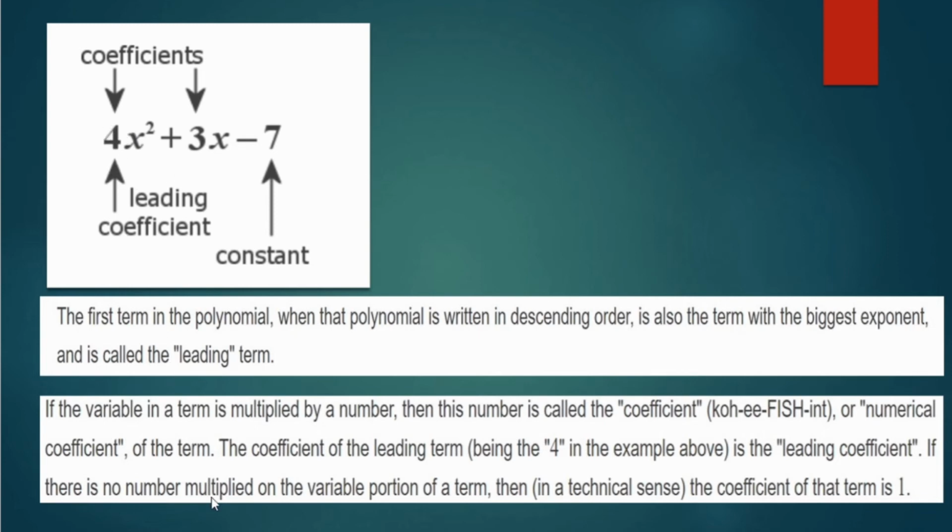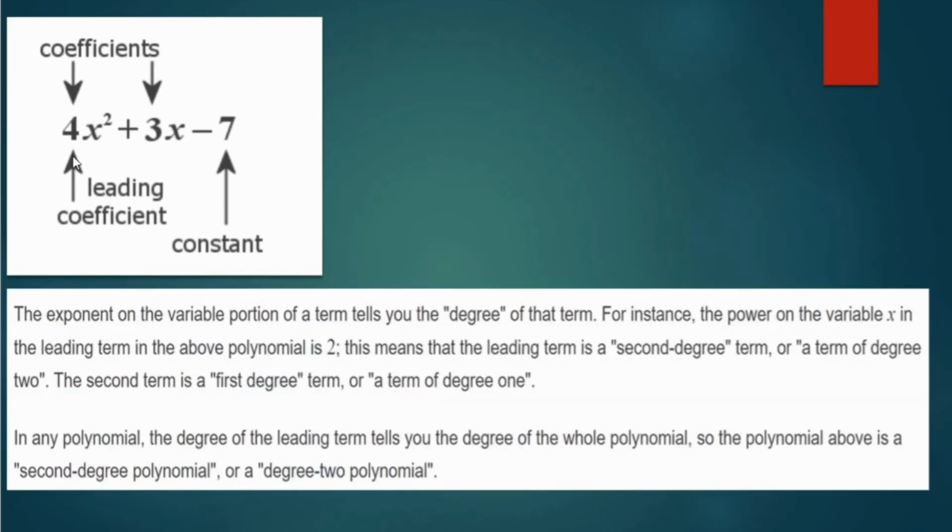If there is no number multiplied on the variable portion of a term, then it is technically said that the coefficient of the term is 1. So let's have this example. The exponent on the variable portion of the term tells you the degree. For instance, the power on the variable x in the leading term of the above polynomial, 4x squared, is 2.